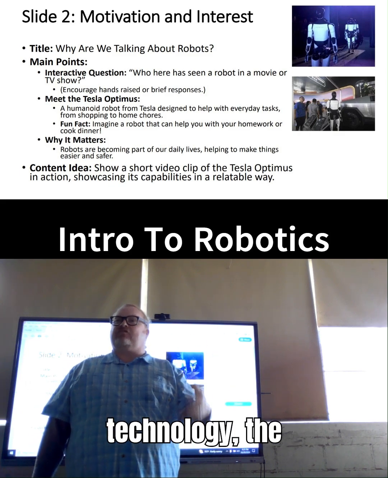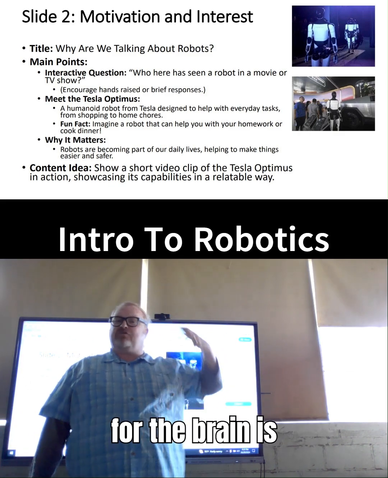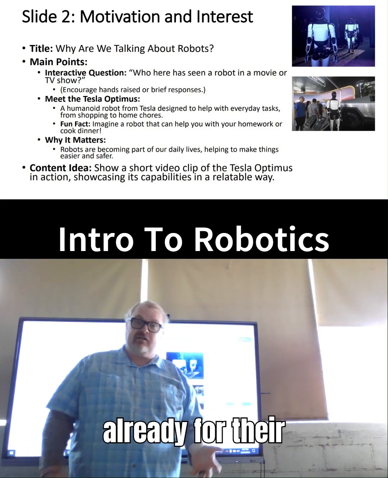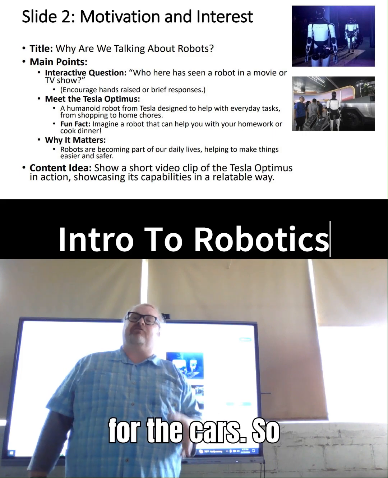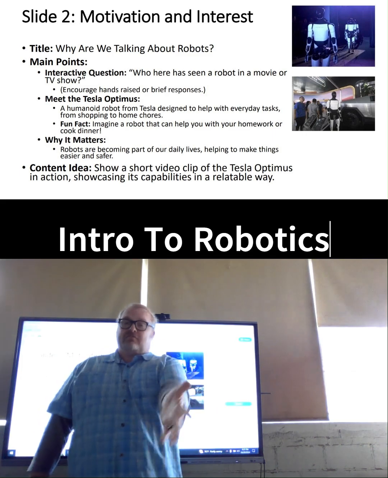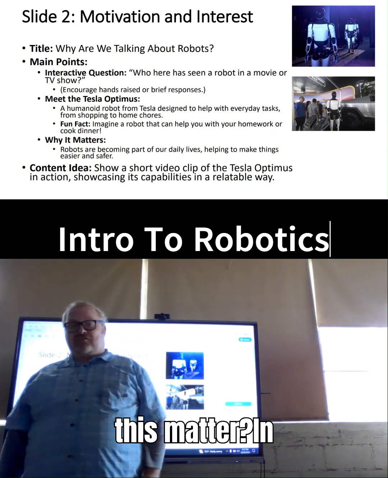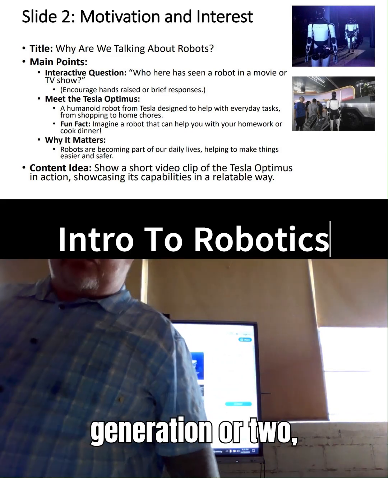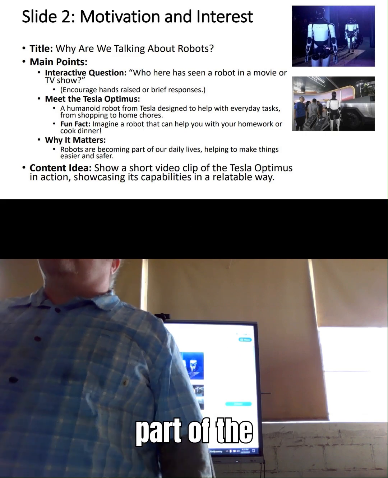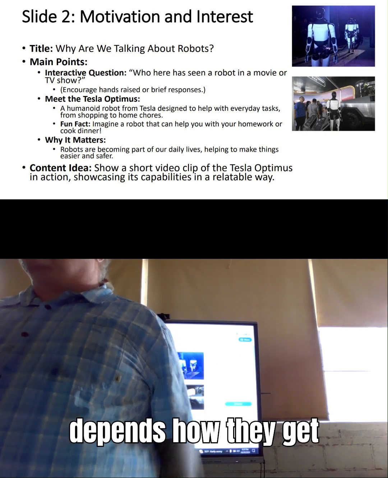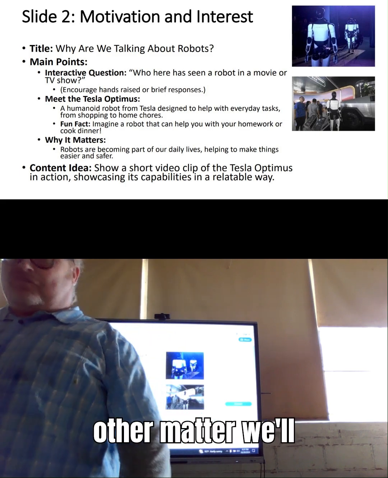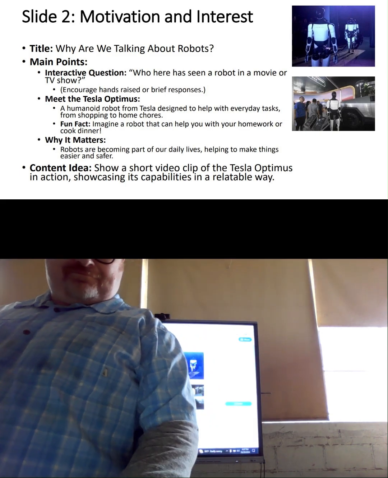So a lot of the computer programming for the brain is all taken off from what they do already for their autonomous driving for the cars. So why does this matter? In maybe another generation or two, these robots will be part of the household, maybe part of the family. It depends how they get accepted and treated. So that's a whole other matter we'll get into in another lesson.